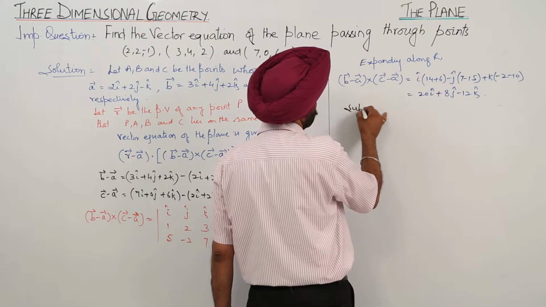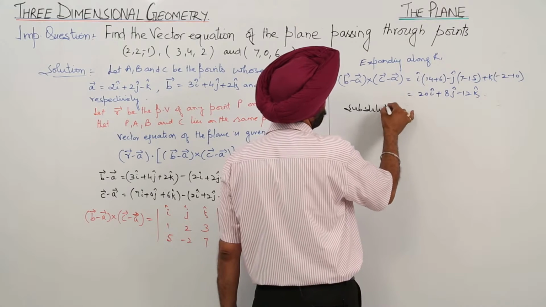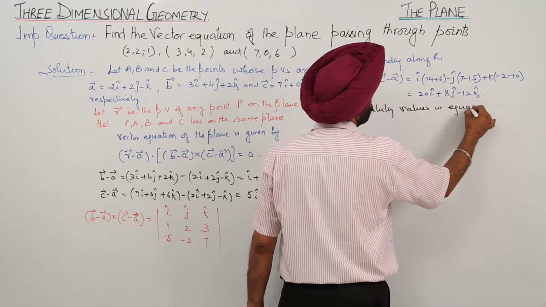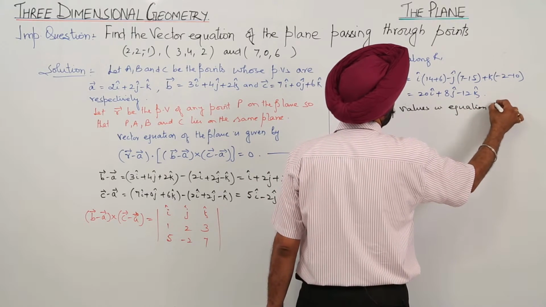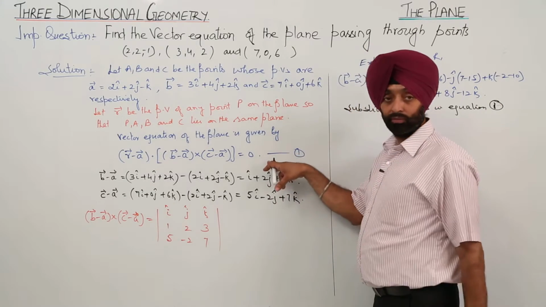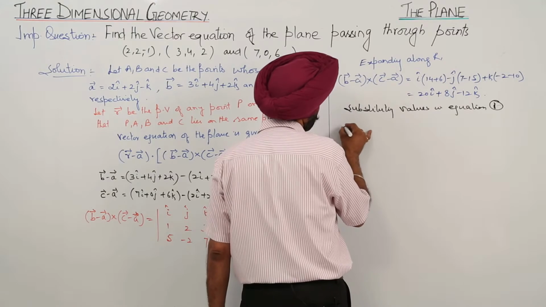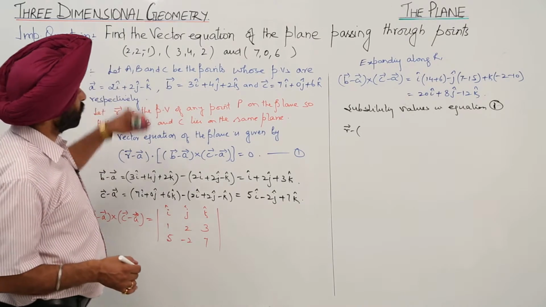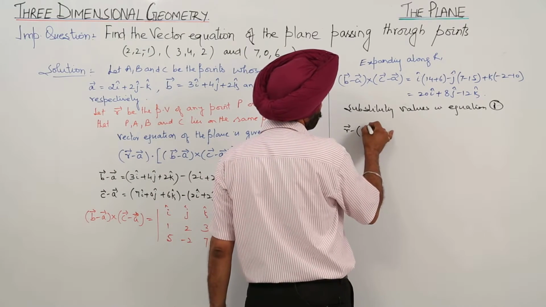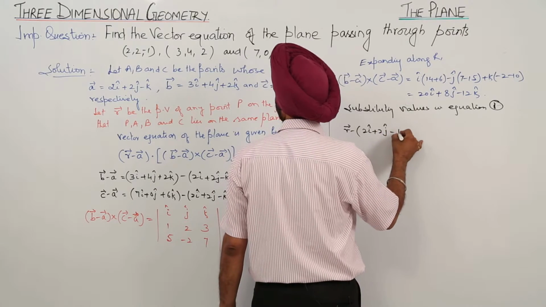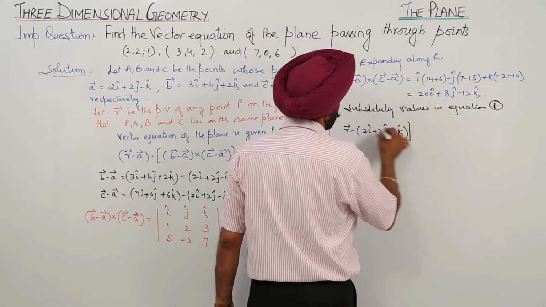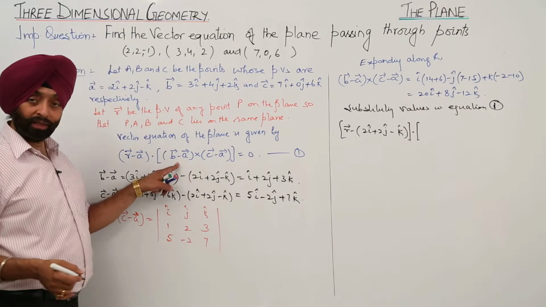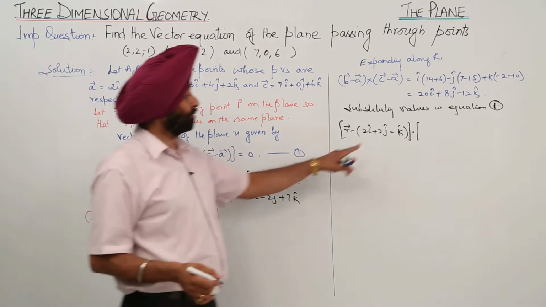Now substituting values in equation 1. Equation 1 is which one? This one. Now vector R minus vector A. A is what? 2 i cap plus 2 j cap minus k cap. One thing, dot, now vector B minus vector A cross vector C minus vector A. We have already solved this one.